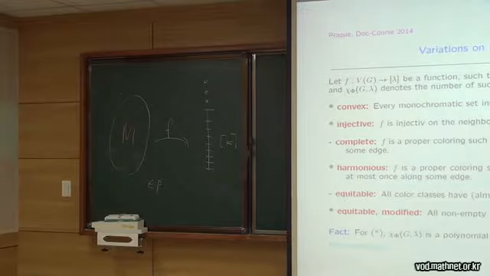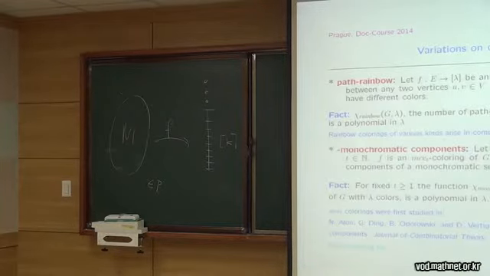Equitable obviously doesn't work because of conditions like this, but you can modify it and then it works. And if you continue, indeed, path rainbow has the property that if you have unused colors, then they are unused. You want to have a path where all colors are different. You have this path. Never mind that there is another color which you didn't use.